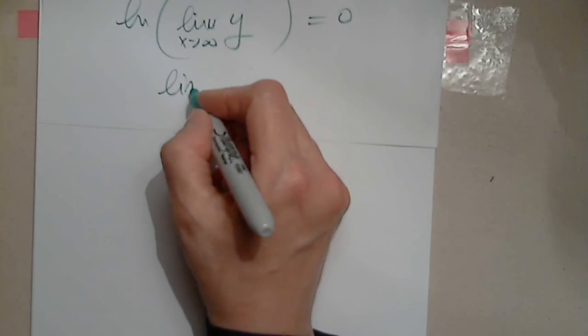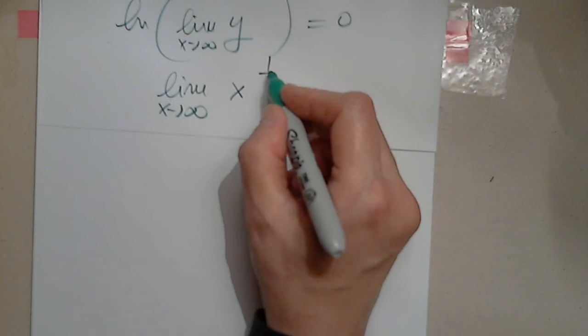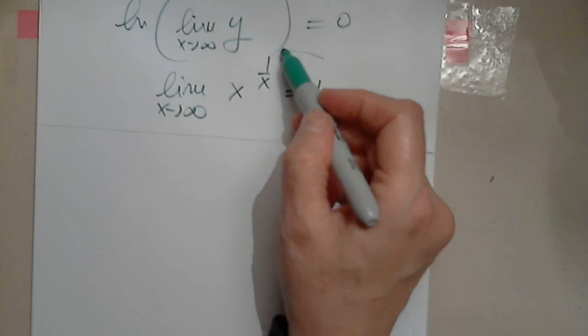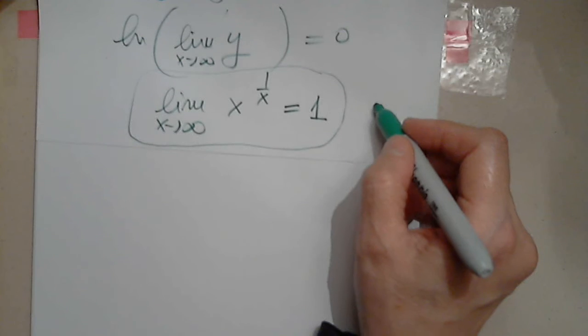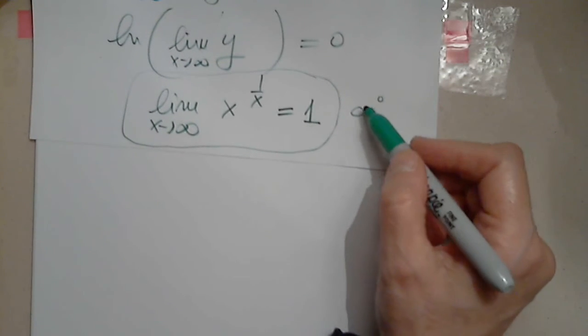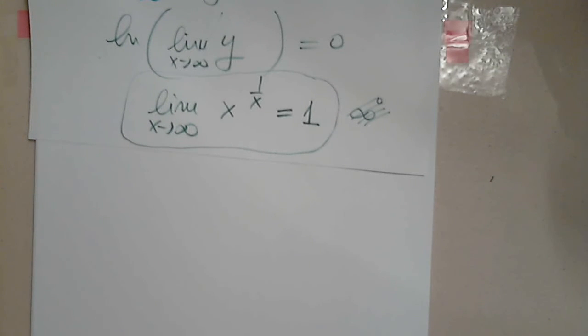So finally limit x approaches infinity from x raised to 1 over x is 1. And no, you cannot conclude and say, oh, but everything raised to 0 is 1. No. You cannot conclude that. It could have been anything else.